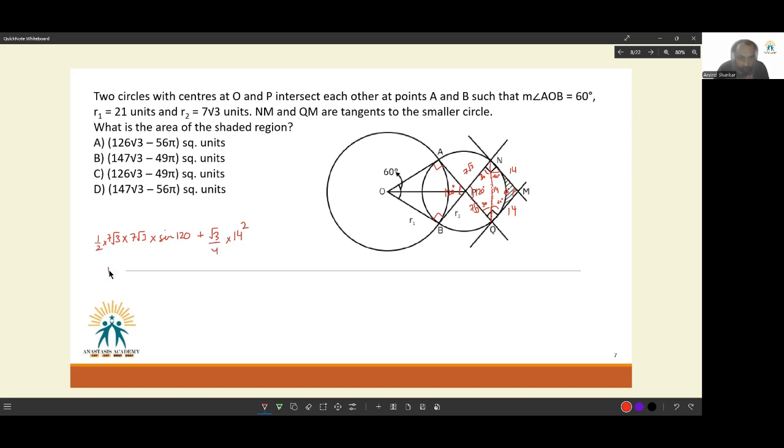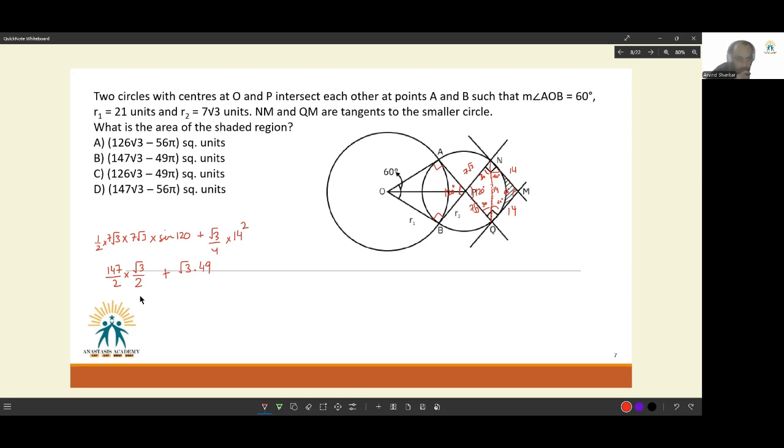So this gives me 147 by 2 into root 3 by 2 plus, here I will have root 3 into 196 by 4. So 49. Okay, 49 root 3.